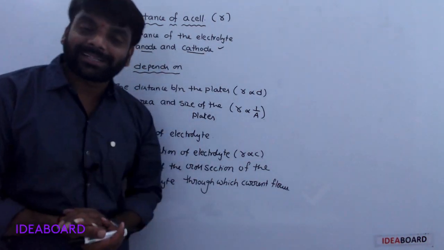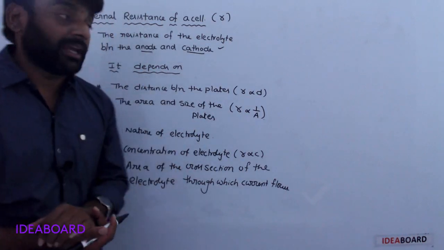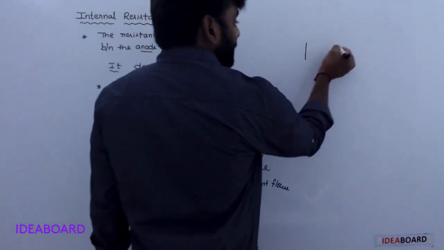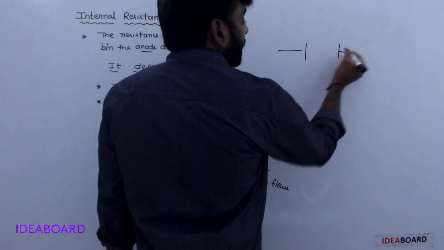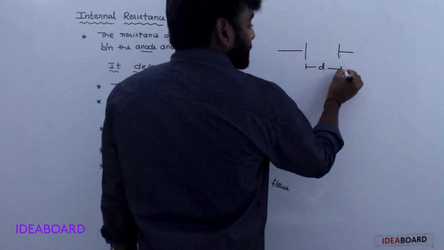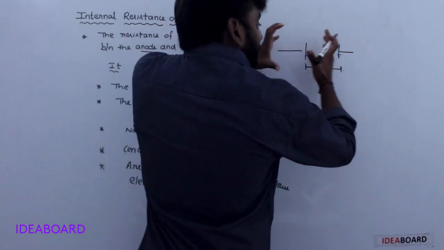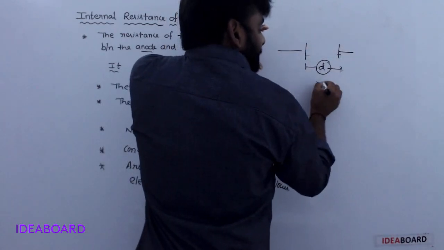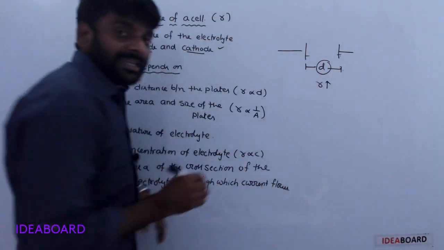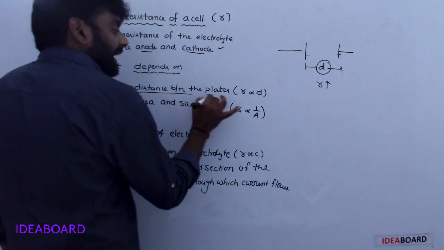Now here, internal resistance mainly depends on, first of all, the separation distance. Here these two are plates, and this is the separation distance. If the separation distance increases, the electrolyte length also increases, so internal resistance increases. That's why it depends on the distance between the plates.